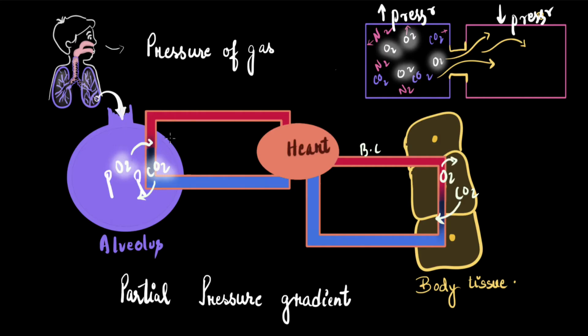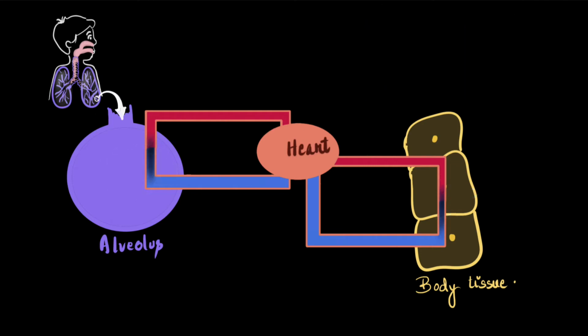Alright, now let's get into the numbers. What is the actual difference in pressure between alveolus, blood and tissues? We will begin with the atmospheric pressure. The atmospheric pressure is 760 millimeter of mercury. Millimeter of mercury is the unit for air pressure, okay?